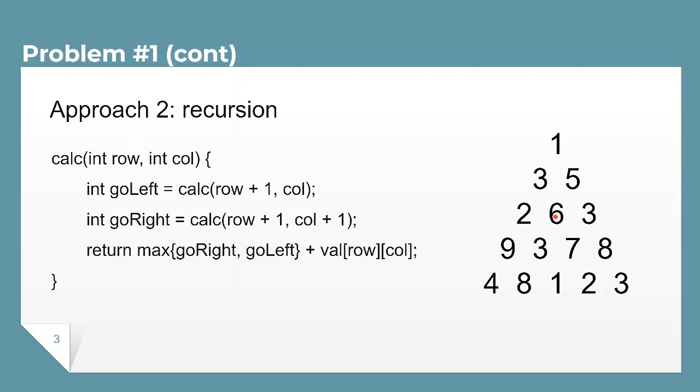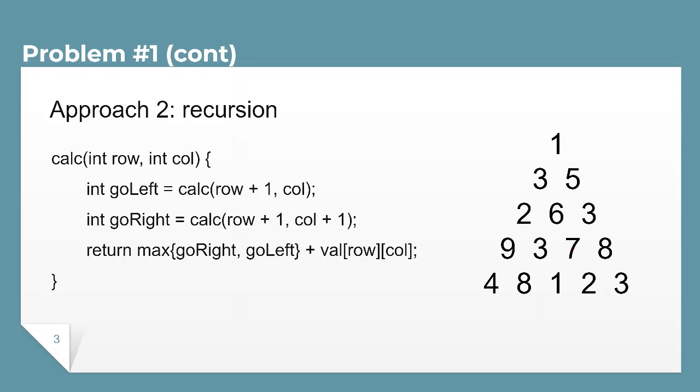And so from this position, the maximum sum you can get going from your current position to the bottom would be either the path that goes to the left or the path that goes to the right with the most, okay, sorry, let me back up for a sec.